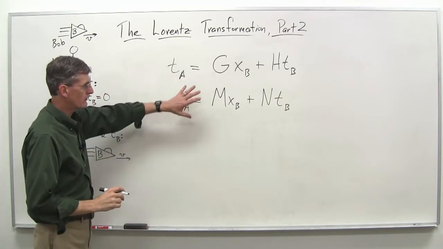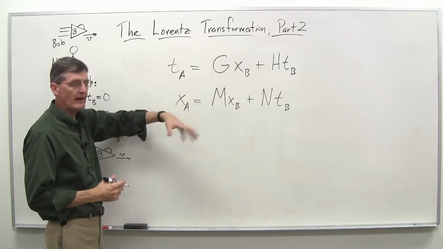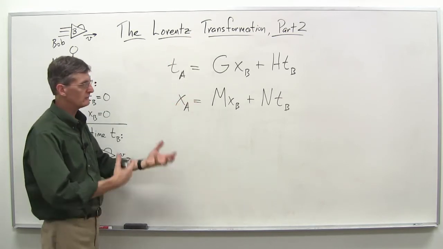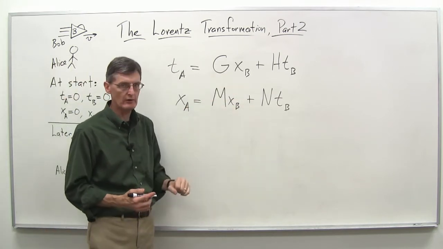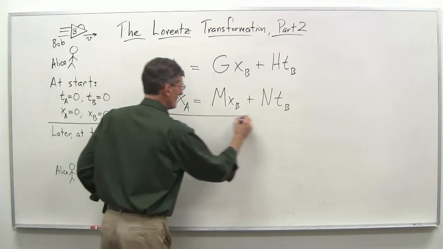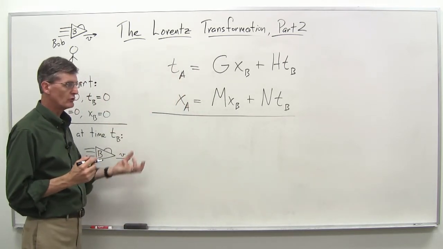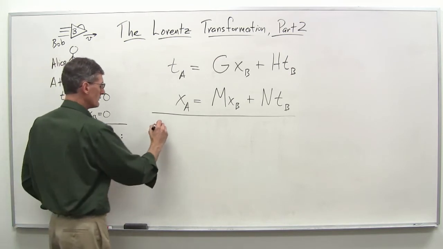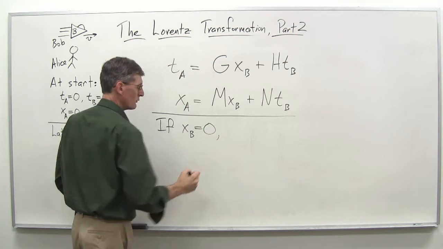So this is the form of our Lorentz transformation equations that we're going to go with. Now, our final thing we have to do, and it takes a little bit of algebra, is to figure out what G, H, M, and N are. We can immediately start off by going back to the case XB equals 0.